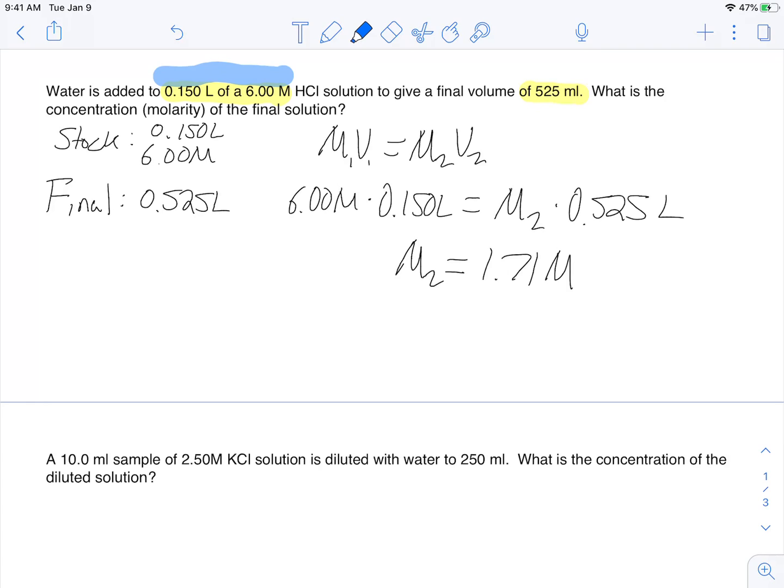So honestly, if you put it on the left side of this equation or on the right side, it's really not going to matter as long as they're kept together. Whereas I see 0.525 liters over on the right there. As long as that's by itself, it'll solve either way. So you could say the equation could be flipped. But keeping M1, M2 separate does kind of help from time to time.